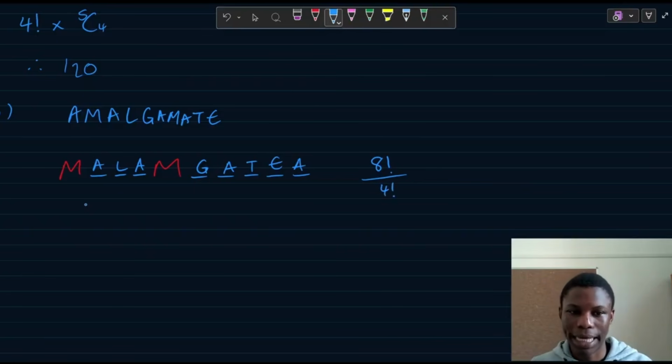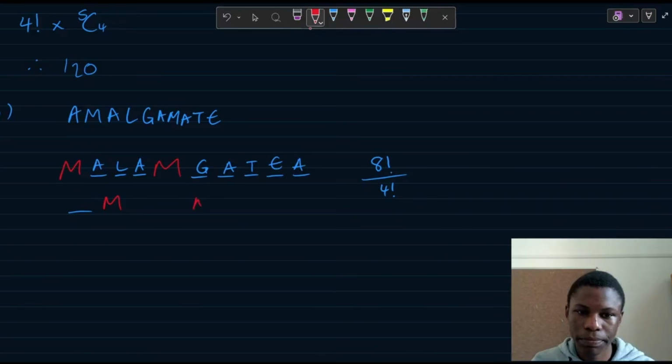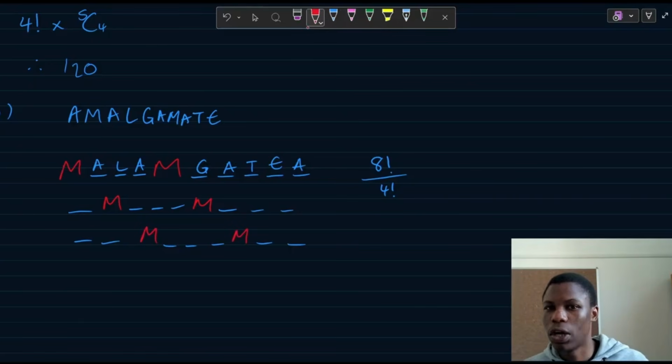Now we have to think about the M's. They did not fix the position of the M's. The only restriction is that there have to be exactly 3 letters between the two M's. So, like we mentioned, I could have a space and then an M, then 1, 2, 3, or I could have 2 spaces, 1, 2, 3, 1, 2, and then my M's here. The point is the M's can move along the line as long as they're maintaining 3 letters between.